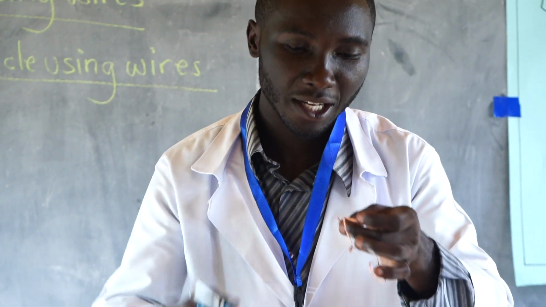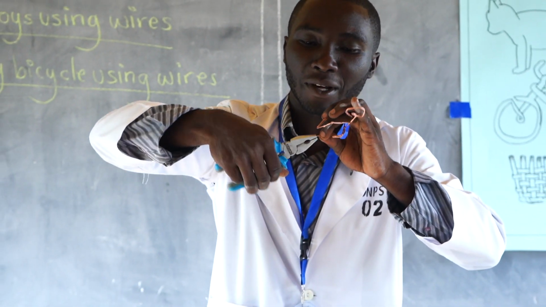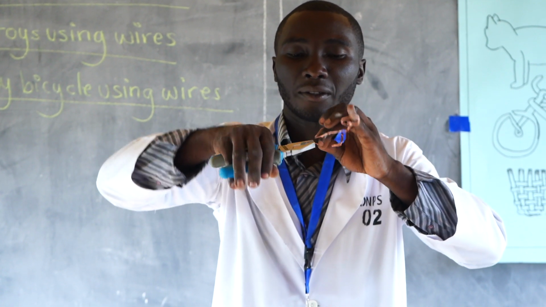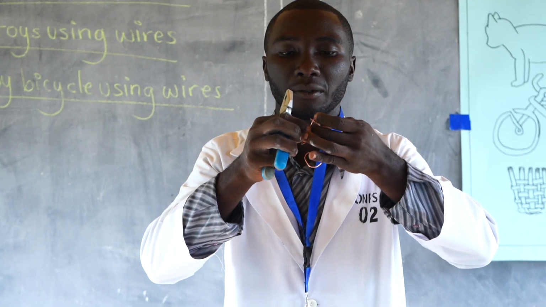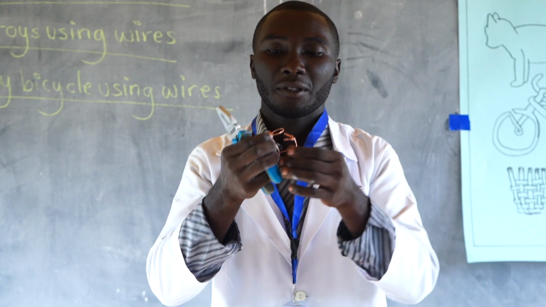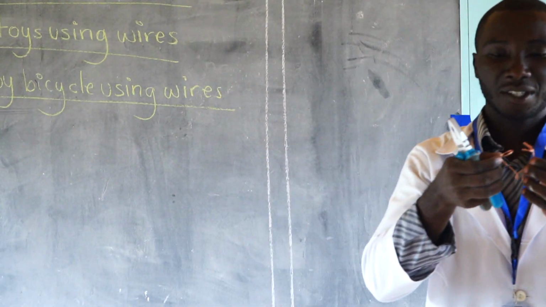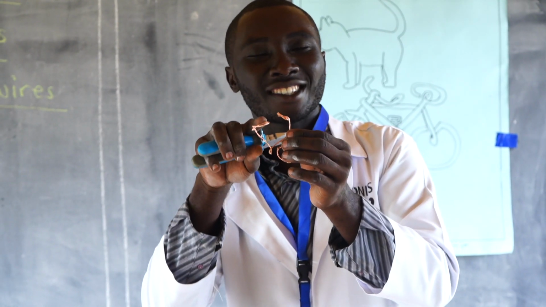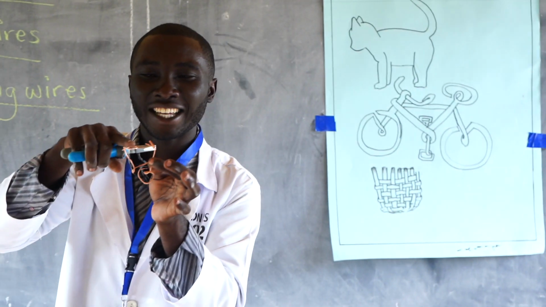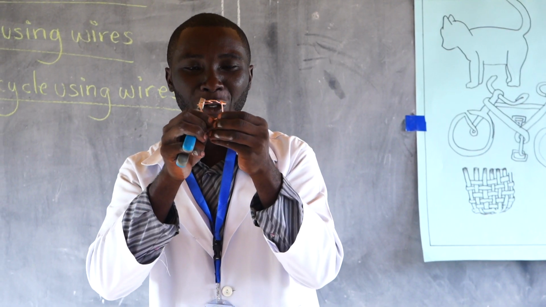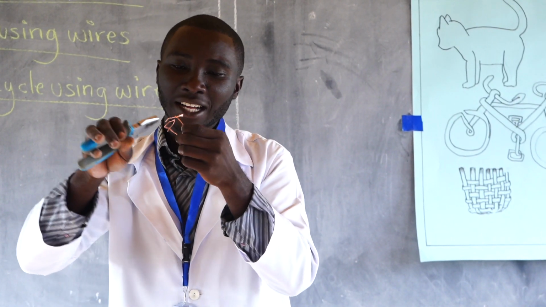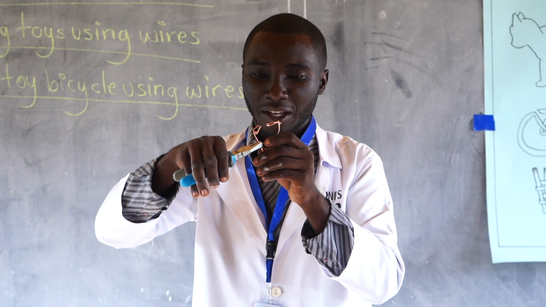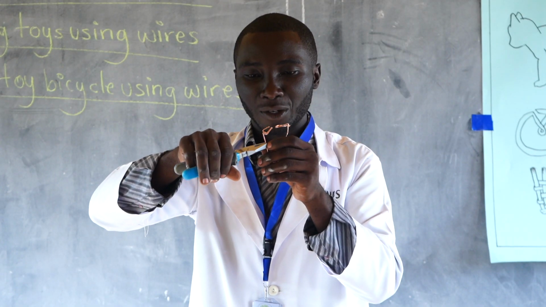And then make sure the edges cannot harm anyone. Okay, as you see, we are done with step number 2 of making a seat. We have already added a seat on our toy bicycle. You have to make sure your toy bicycle is strong enough.